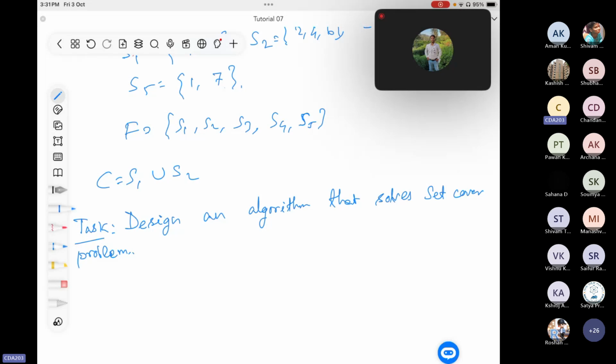The meaning of approximation algorithm is that it gives a solution which is within some factor, more than one obviously, of the optimal solution. It's not exactly the optimal solution. This is the first thing I want to clear, and I will show you that greedy does not work.